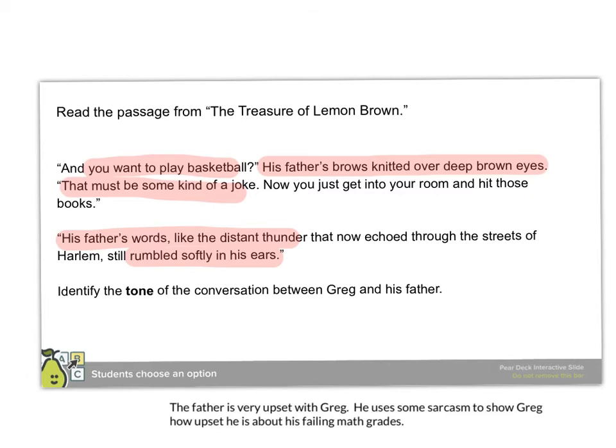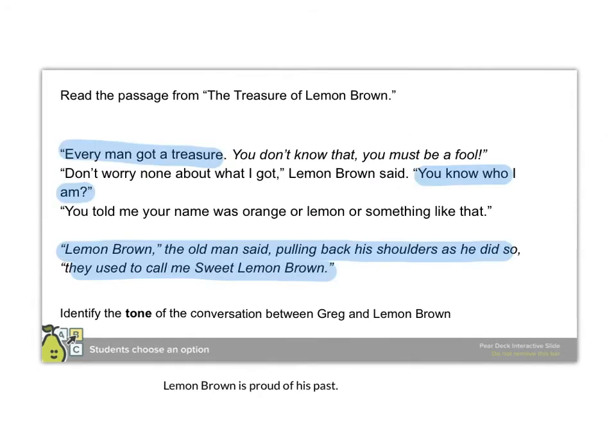In this conversation between Greg and Lemon Brown, we get a sense of, even though Lemon Brown is down on his luck and is basically a homeless man living in an empty, abandoned building, he has a past that he's pretty proud of. Every man got a treasure. You don't know that? You must be a fool. Don't worry none about what I got, Lemon Brown said. You know who I am? You told me your name was Orange or Lemon or something like that.